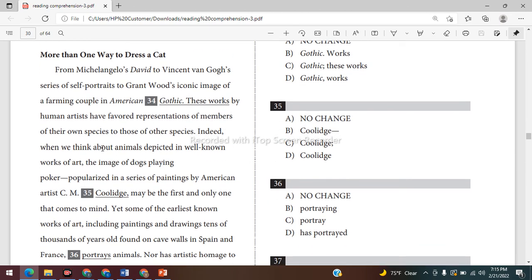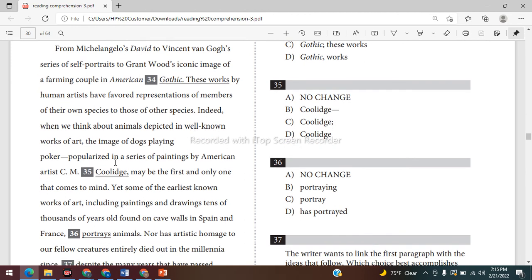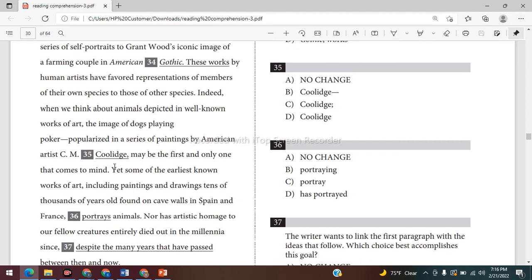Indeed, when we think about animals depicted in well-known works of art, the image of dogs playing poker, popularized in a series of paintings by American artist C.M. Coolidge, may be the first and only one that comes to mind.